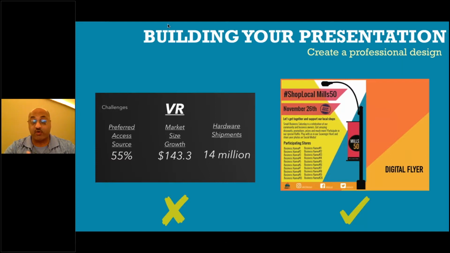While the Shop Local Mills 50 slide is vibrant, it brings life and dynamic and personality to the story that they're telling. And it's a very good use of the colors and the branding for their presentation. This is something that you want, because now you have people's attention and you want to keep it.